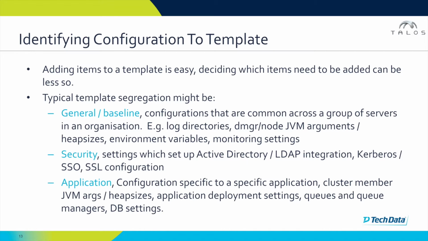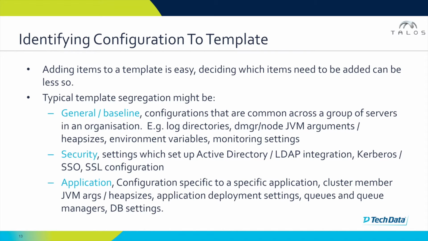So when you're adding items to a template, deciding which items need to be included and which items you should leave out can be a little tricky sometimes. Obviously, as you use the tool, it will become more and more obvious which ones you should use. But there are some typical things you might look out for.